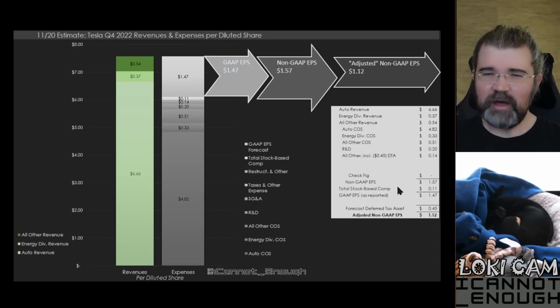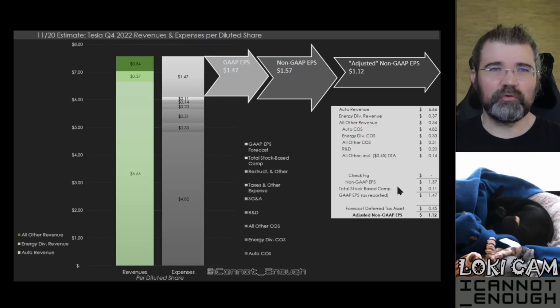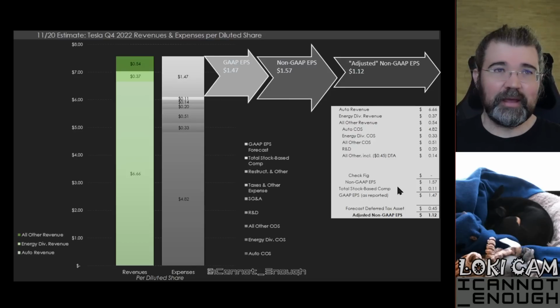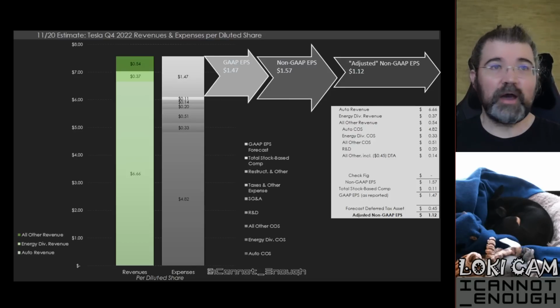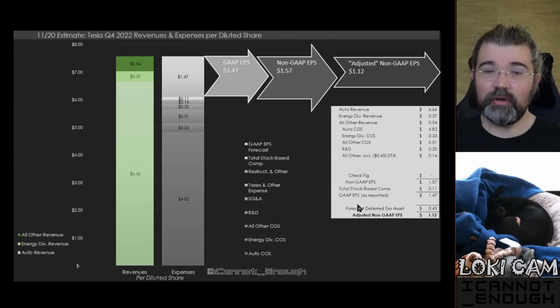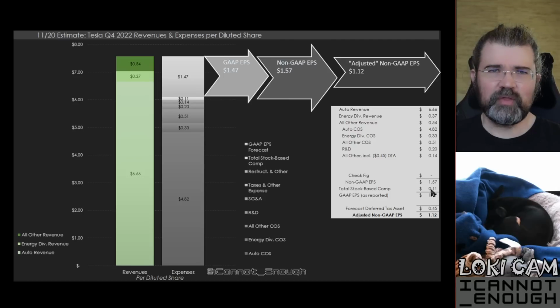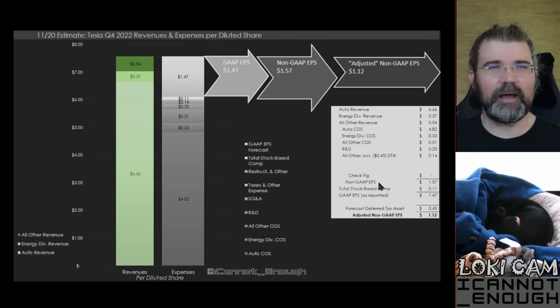Stock-based compensation is not a cash expense, so they throw that out and say, hey, Tesla doesn't have to come up with the cash to pay for the stock compensation that gets listed on their GAAP earnings release. So they throw that out and gross it up from $1.47 to $1.57 with rounding. It's 11 cents. So $1.57 minus 11 would be $1.46, but there's some rounding going on here.